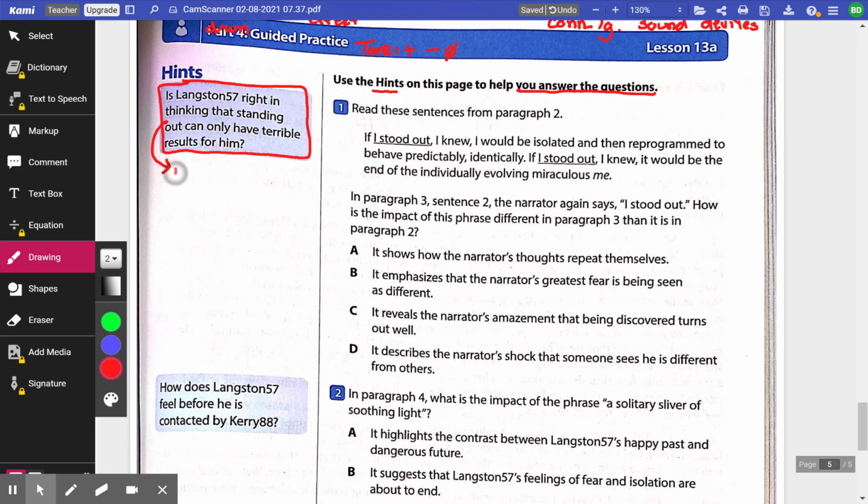So I'm going to make myself a note that says not necessarily, but it could have bad results, just depending.